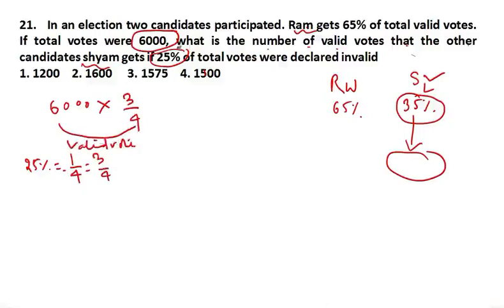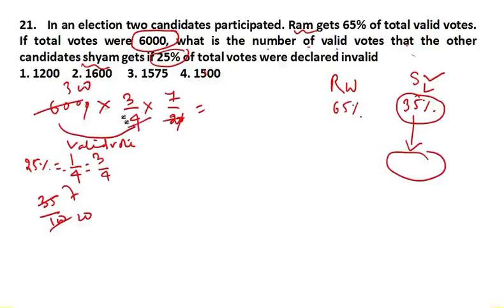And it is asking what Shyam got, meaning from this valid vote how much Shyam got. So just take out 35%. It will be 7 by 20 in fractional form. So just get your answer. How will you solve? The zeros get cancelled. If you cut here you get 300.